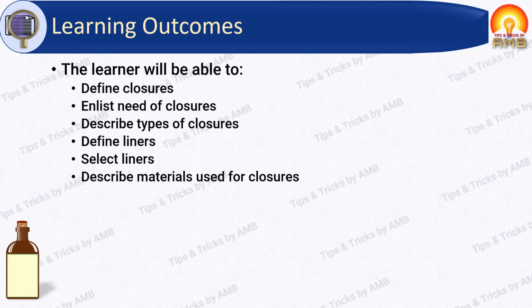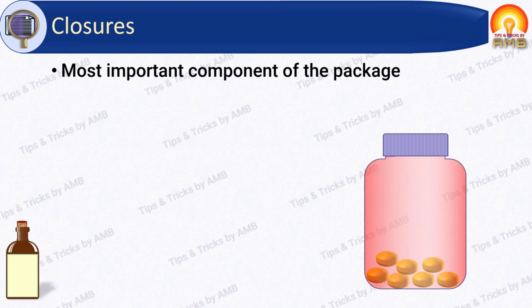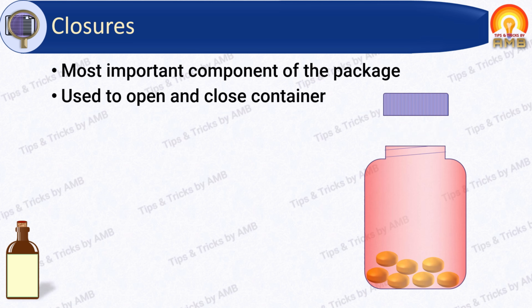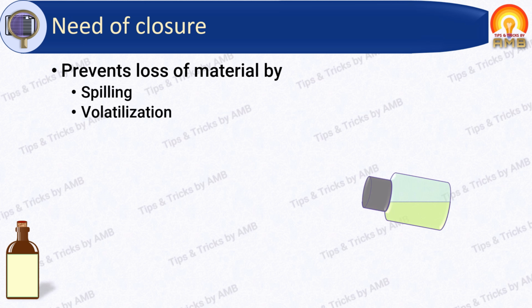So let's discuss what is closure. The closer is the most important component of a package which is used to open and close the container. It prevents loss of material by spilling or volatilization.